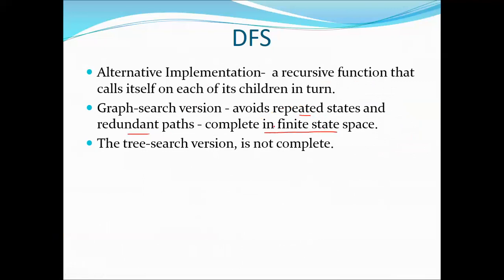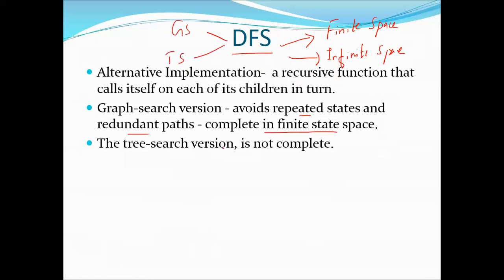So what is this finite space? We are going to discuss the performance of DFS in different categories: in finite space and in infinite space, and also in graph search and in tree search.